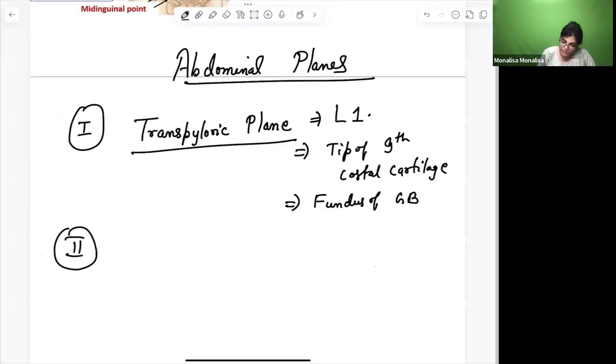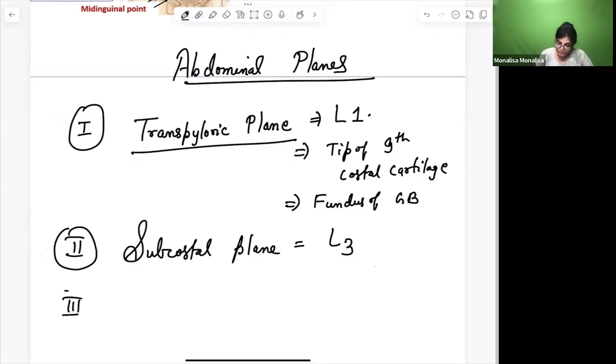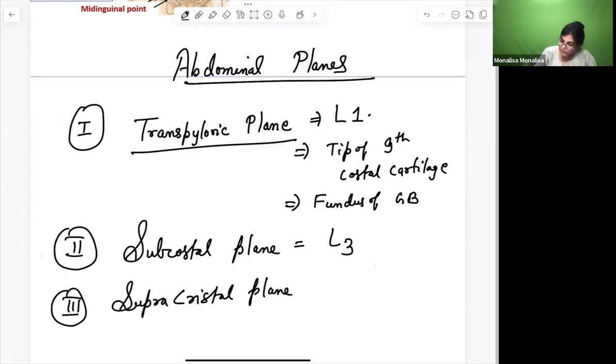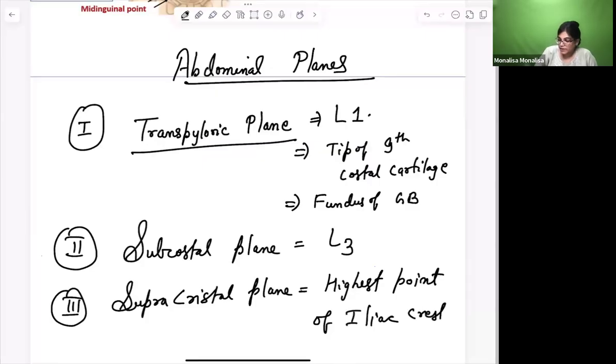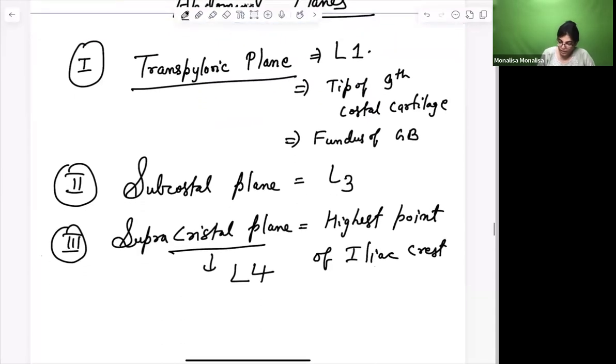Then we have the subcostal plane, corresponding to the level of L3 lumbar vertebra. We have the supracristal plane, corresponding to the highest point of iliac crest, at the level of L4 lumbar vertebra.